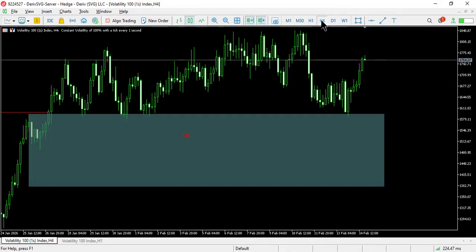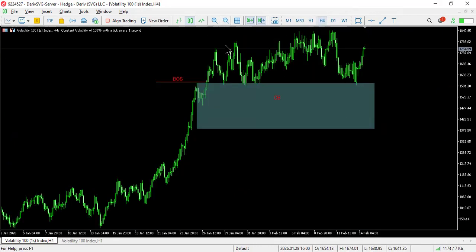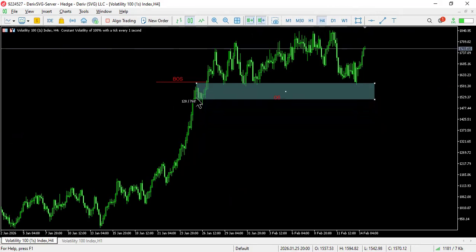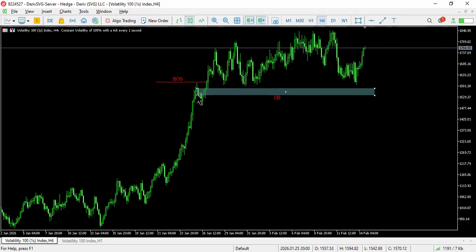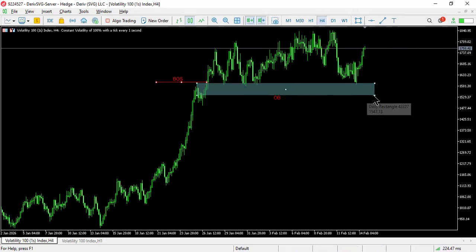And then if we go over to the 4 hours time frame, from the 4 hours time frame, we can see price is reacting from this 4-hour order block.